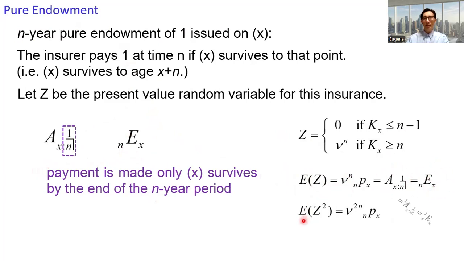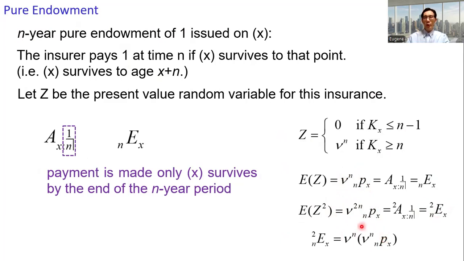So the expected value of Z, v^n times npx, has the notation nEx. For the second moment, we have the pre-superscript 2, because this expression is similar to the previous one, except that we are evaluating at a doubled force of interest. So we have the pre-superscript 2 nEx.